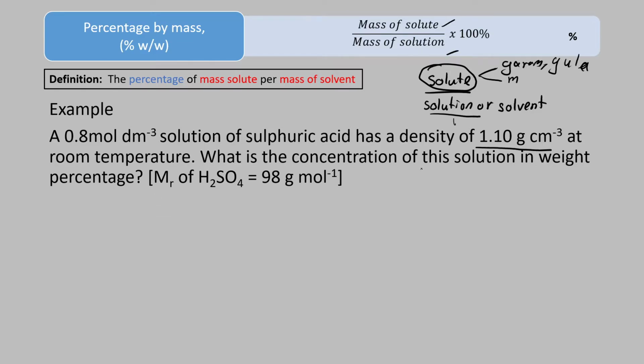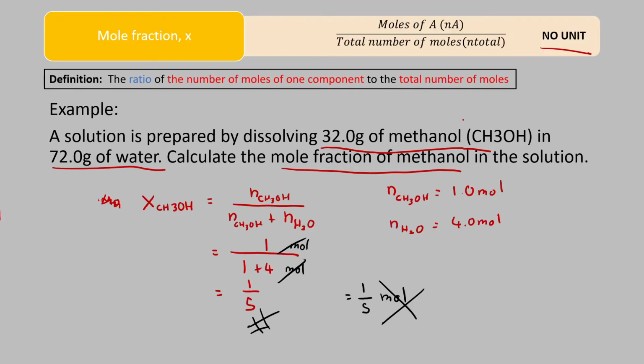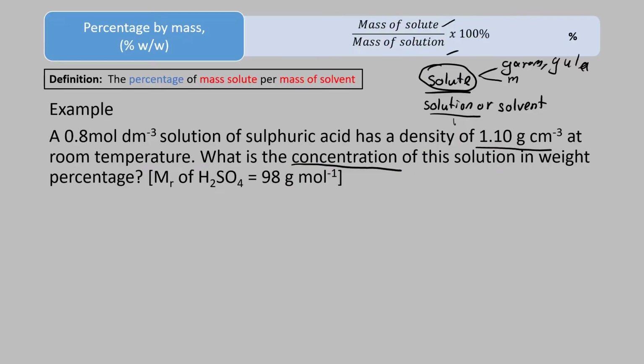What is the concentration of this solution? Oh no, it doesn't ask for percentage by mass. Why do I give you an example of this kind of question? Most questions are not like the one earlier, which was very straightforward and directly asked for mole fraction. Most of the time they will twist it, because you guys are at matriculation level, one step from entering university. You have to expect them to ask other things. So how do we answer this?